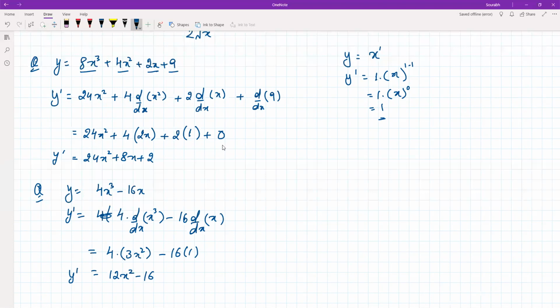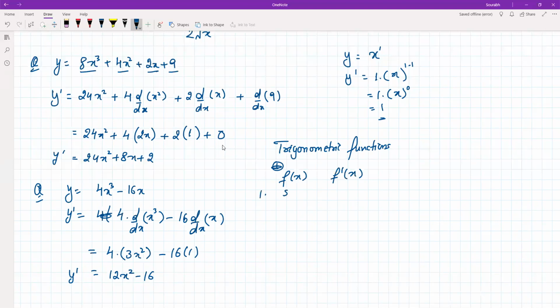Now few more rules. First is the trigonometric functions. What are those? Sin x. So we'll write how we are going to write. Okay, this is the function of x and this is its differentiation.